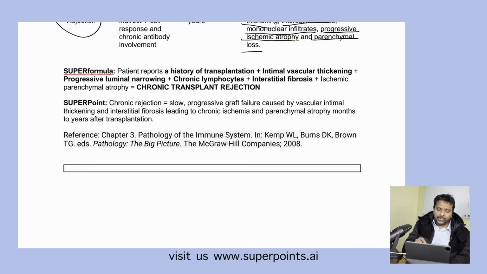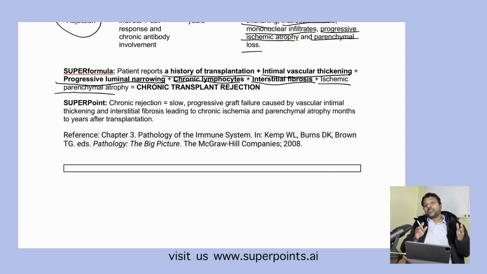Super formula, when they say there is a history of transplantation, that is a good clue. All right, something happening with the transplant. All right. Then when they say intimal vascular thickening, there is progressive luminal narrowing. There are chronic lymphocytes. There is interstitial fibrosis. There is ischemic parenchymal atrophy.